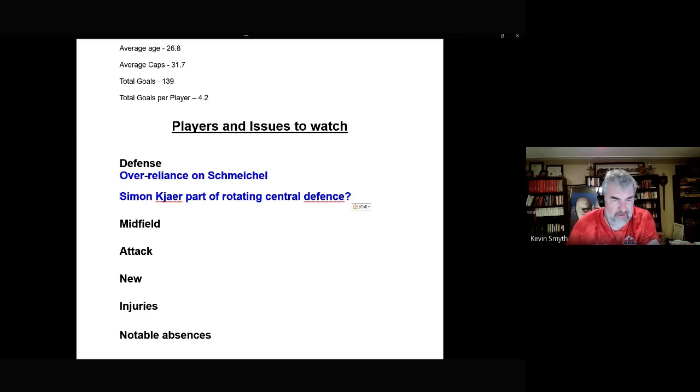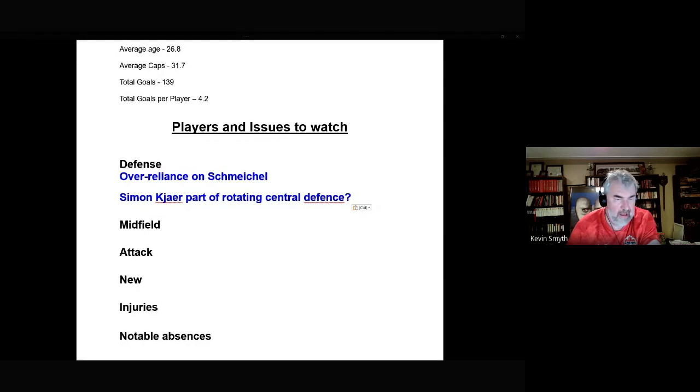Will it be a consistent group, or will there be more rotation? My guess is that Vestergaard would be the one to go from the starting lineup if Simon Kerr returns. But they do have other players coming into that central defence, sometimes a left back or a right back.